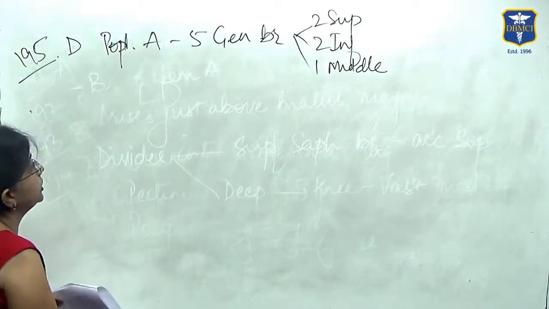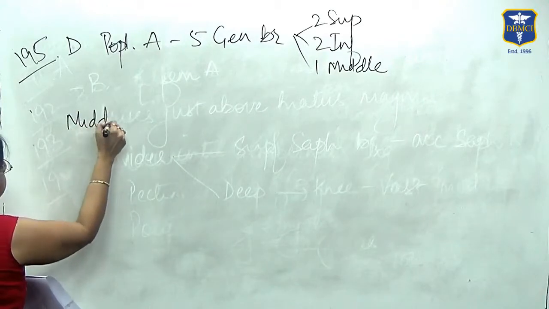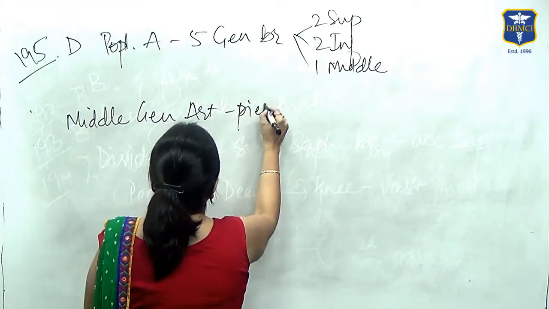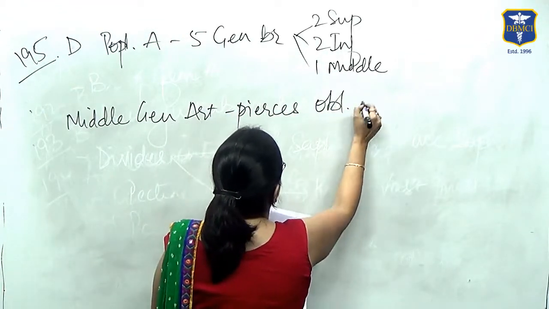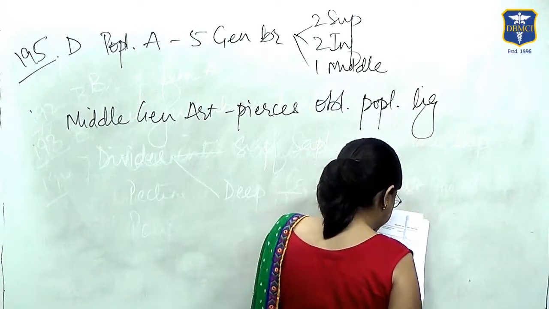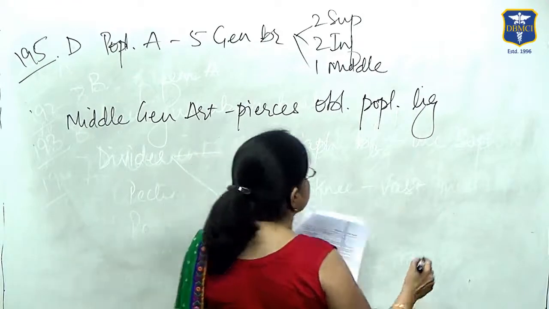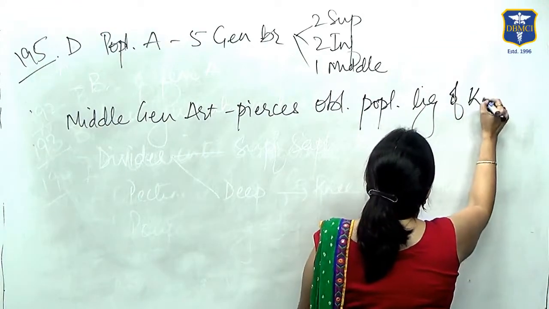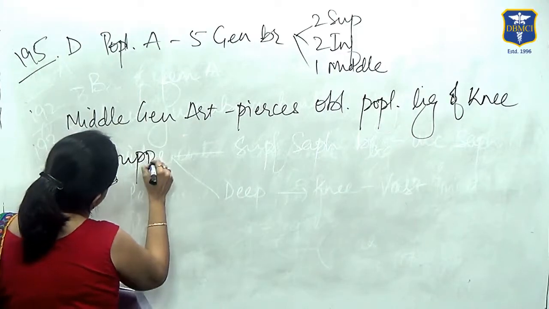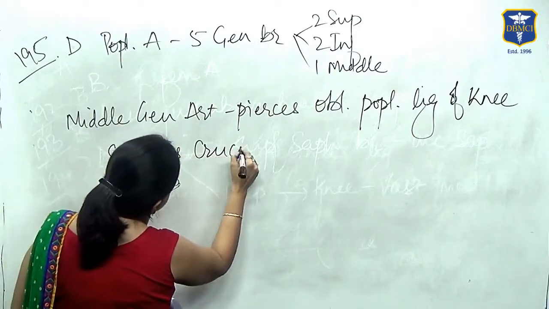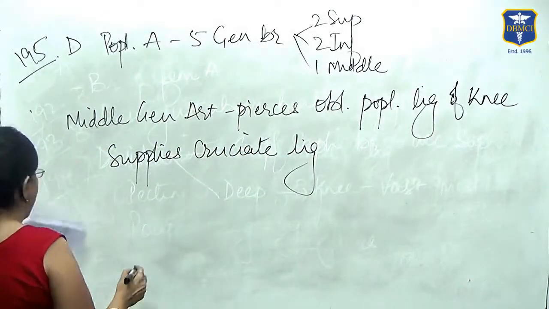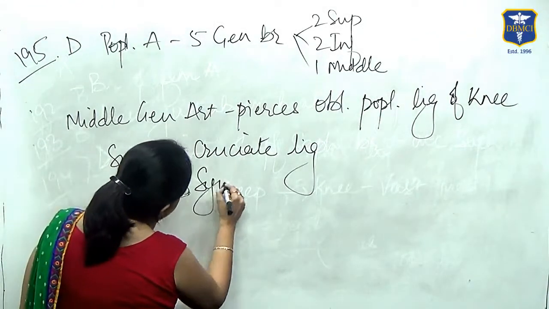The middle genicular artery pierces the oblique popliteal ligament of the knee and supplies the cruciate ligament and the synovial membrane of the knee joint.